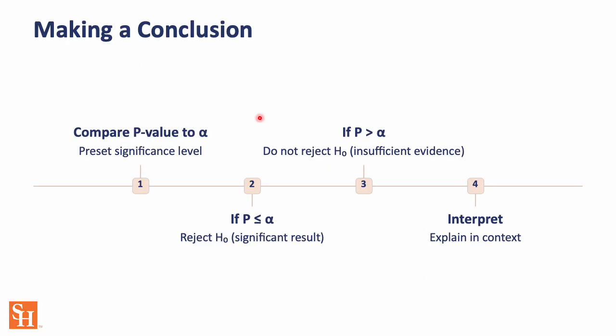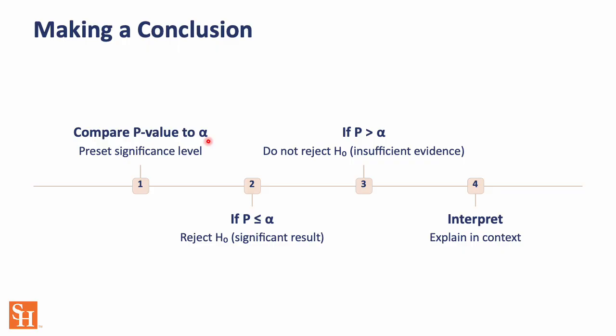So how do we make a decision about a test? We compare our p-value with the level of significance alpha. We calculate the p-value, as we have discussed, and then we compare it with the level of significance alpha, for which we choose a value.